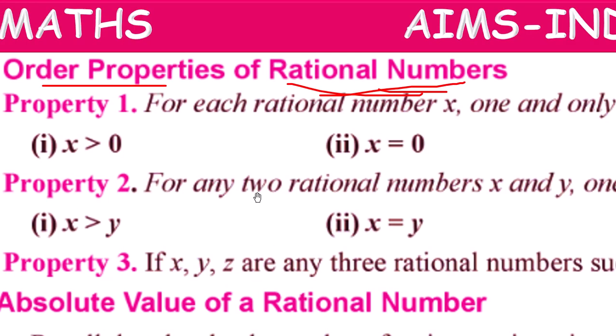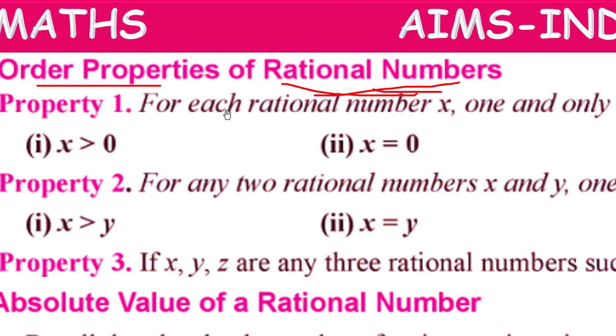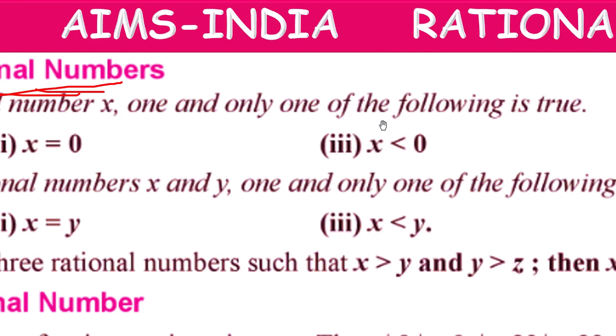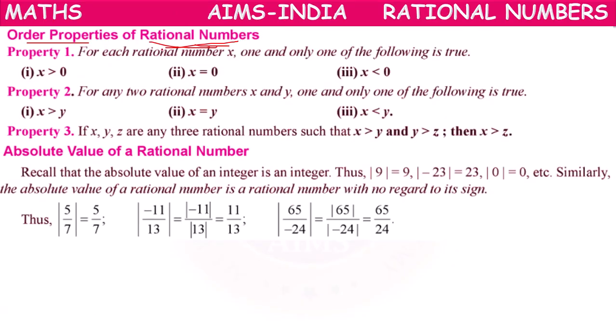Three properties are there. For each rational number x, one and only one of the following is true. If you have a rational number x, only one condition is possible at a time.